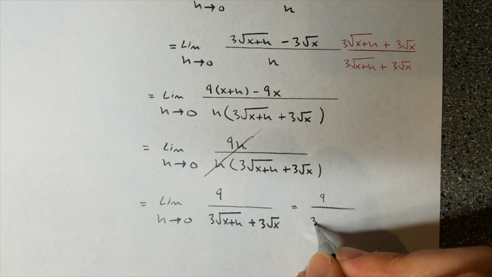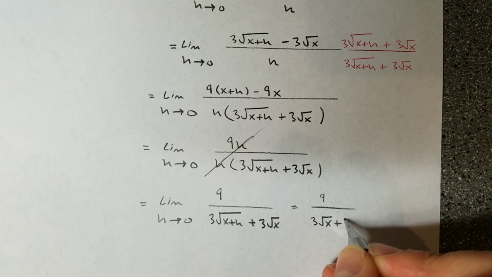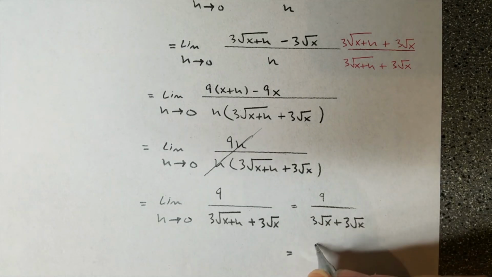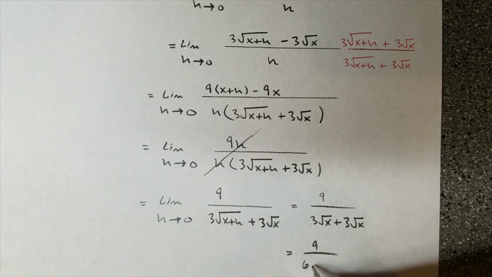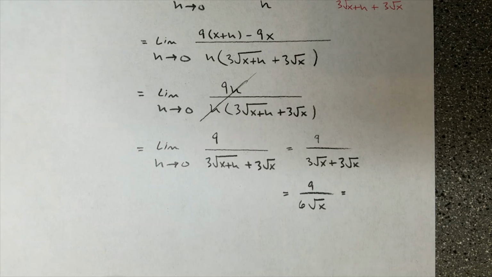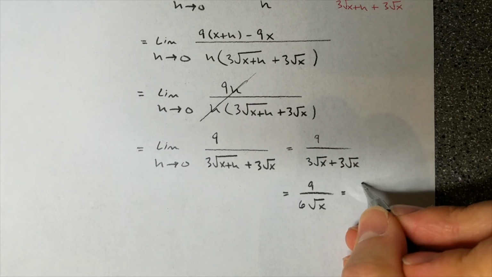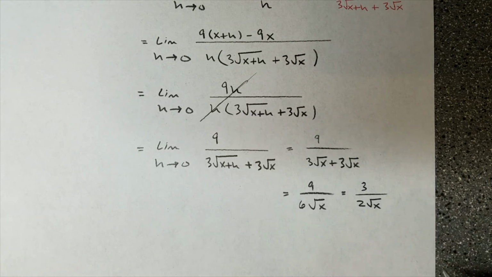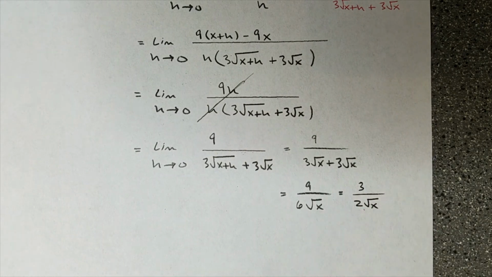So it's going to be 3 root x plus another 3 root x. I can add those. That would be 6 root x. But then I can reduce. 9 on top, 6 on the bottom. Reduce by a factor of 3. I'll get 3 over 2 root x. Then we're done.